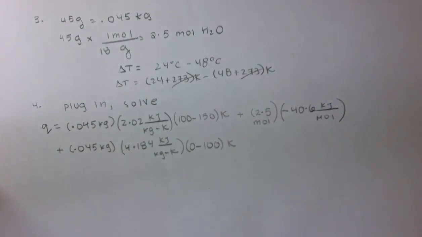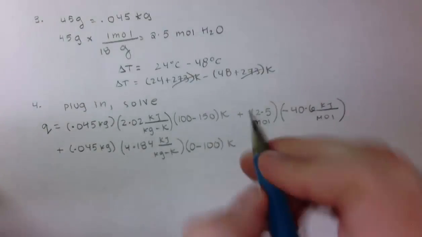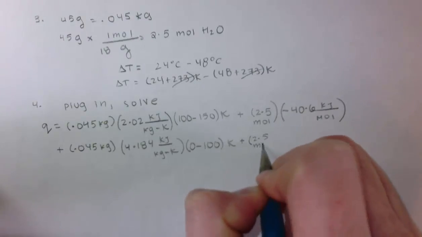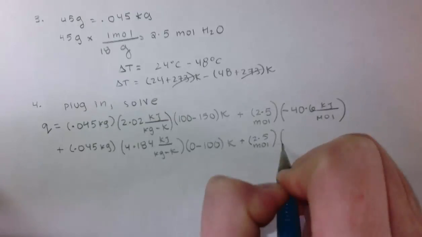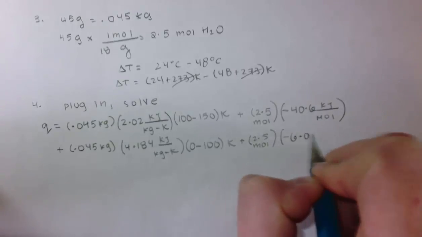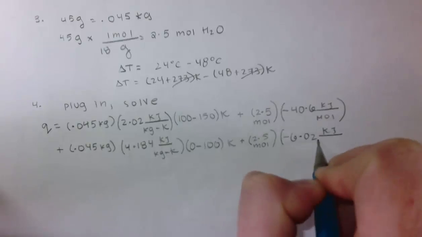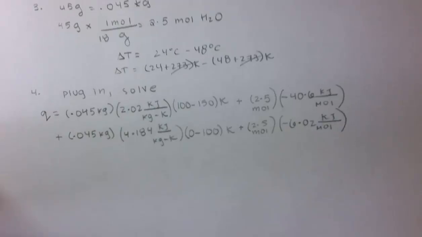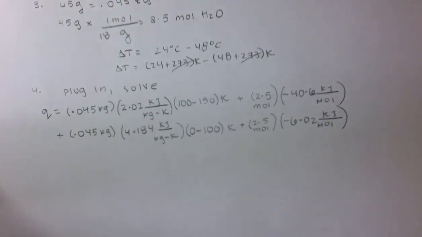And the next thing we're going to do, similarly, is transition to an ice or to a solid phase. So that's going to be 2.5 moles times our negative heat of fusion. So that's going to be negative 6.02 kilojoules per mole. And the last thing we do is move to ice at negative 80 degrees Celsius.